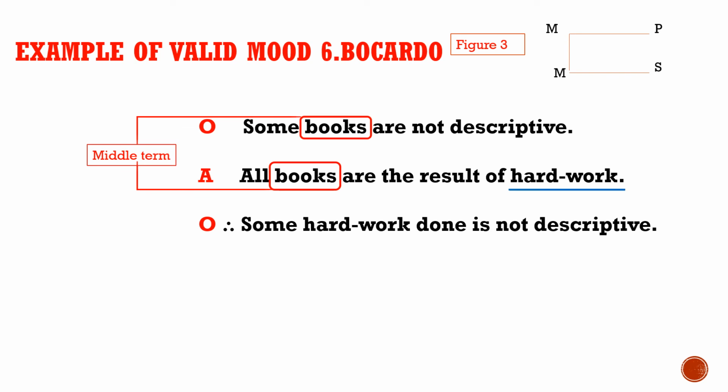Hard work is the subject term and descriptive is the predicate term. If you check the rules of categorical syllogism, you will find that this categorical syllogism does not violate any rules of syllogism and hence it is the valid mood of combination 6, OAO, called Bocardo.